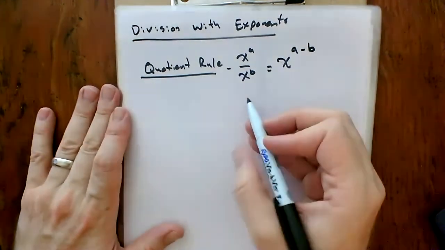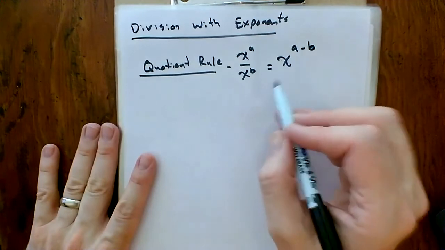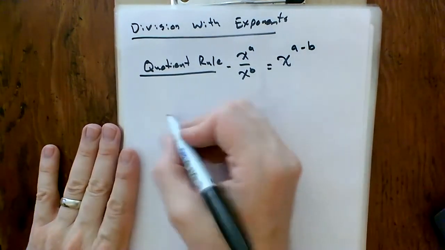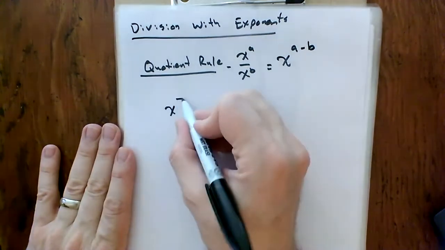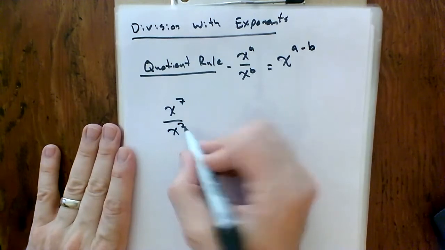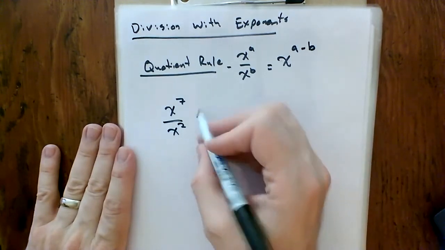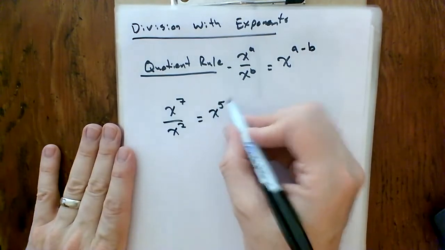Now, I have a corollary to this, and we're going to show you that in a little bit, but let's start right here. So if I've got, say, x to the 7th power over x squared, this is going to be x to the 7 minus 2, this is going to be x to the 5th.